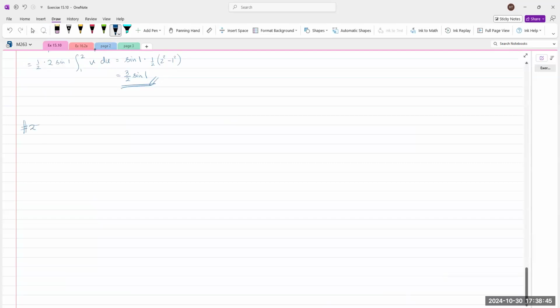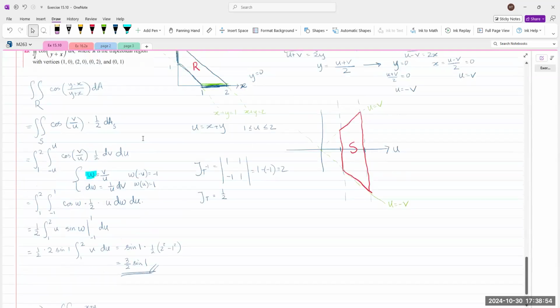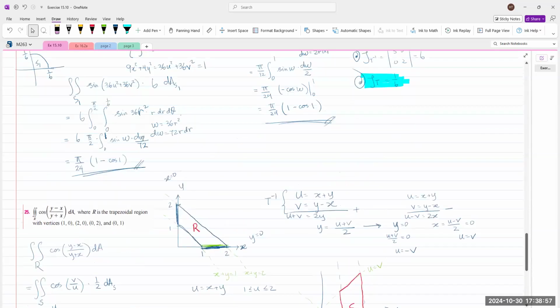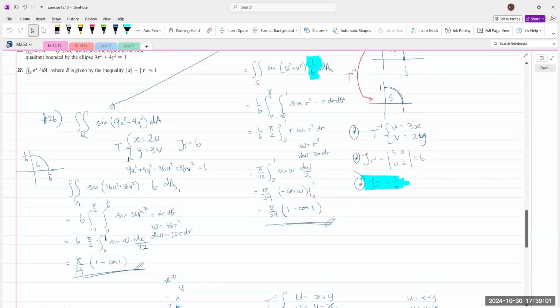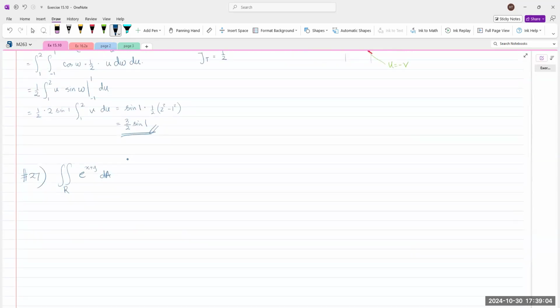Number 27, double integral of region R of e to the x plus y dA, for R given by this inequality, absolute value of x plus absolute value of y less than or equal to 1. I believe your issue will be, what does this look like? I think that's the issue.